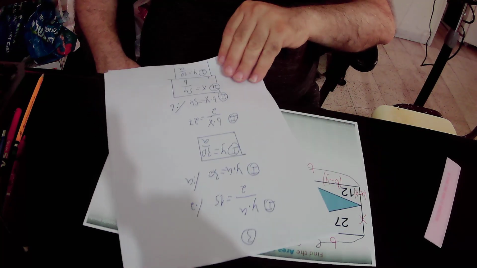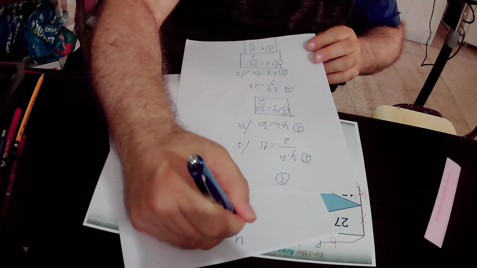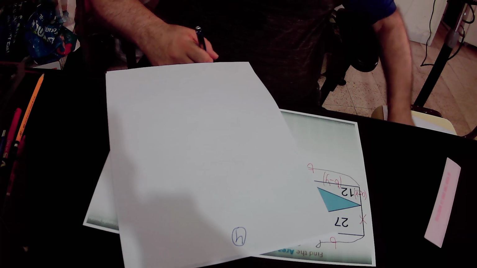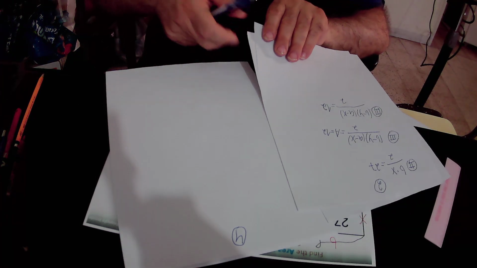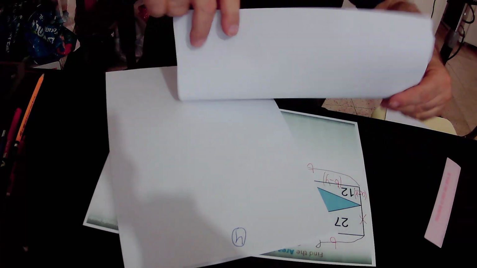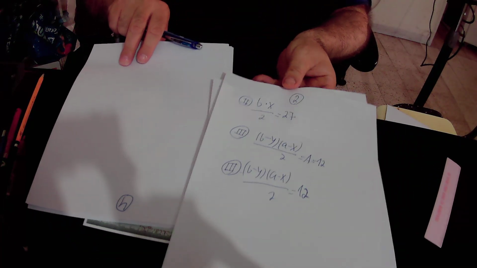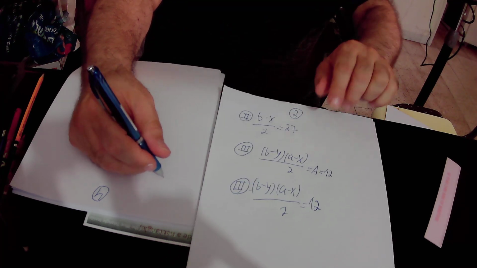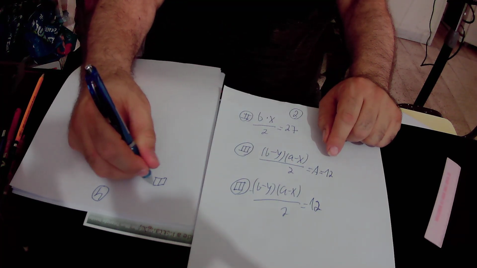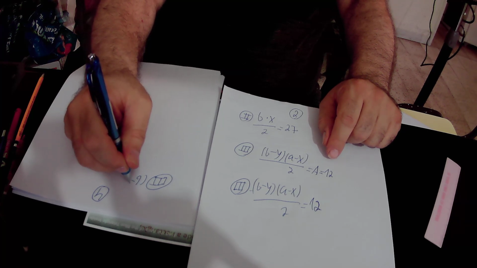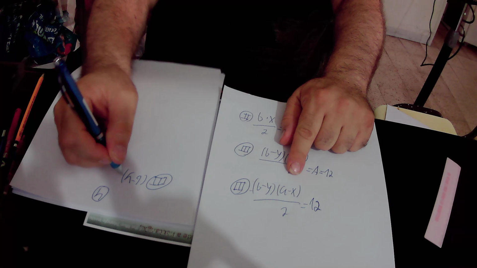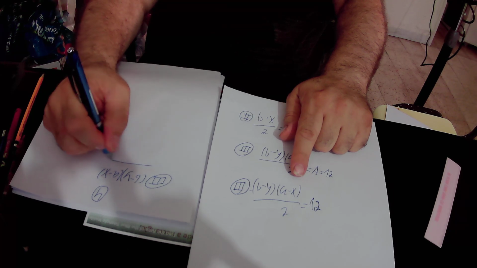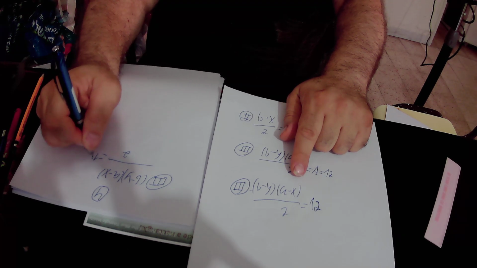So the third equation, as you can see here, is (b minus y) times (a minus x) divided by 2 equals 12 units.